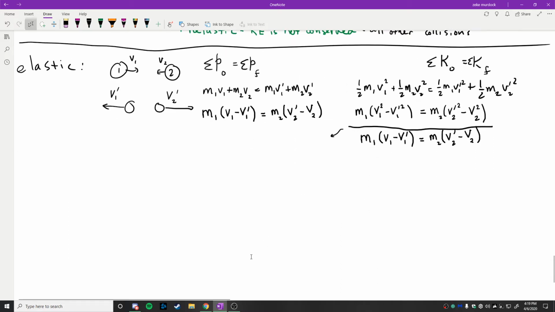I'll let you guys think about this for a second, but if I have something like v1 squared minus v1 prime squared, and I'm dividing that by v1 minus v1 prime, can anyone tell me what this is equal to? What do you guys think?